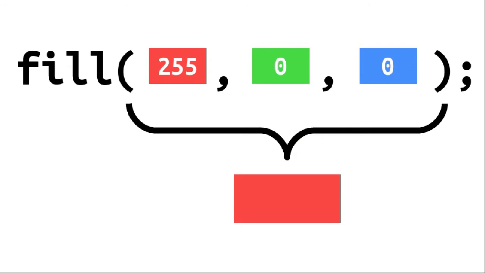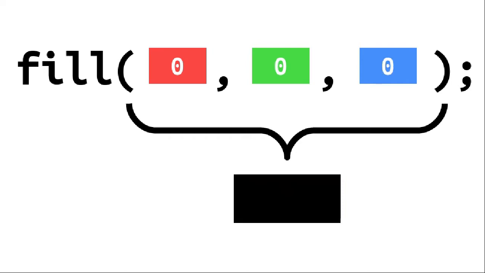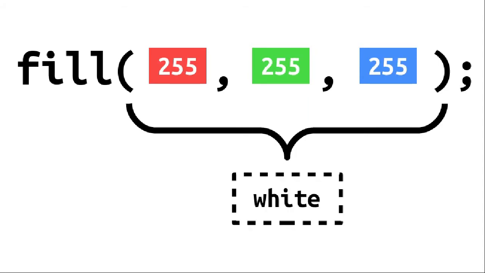And same goes for green, if we did this. For blue, same thing. But say we give it all the intensity of 0, we get black. And the opposite would be all highest intensity, which is white.